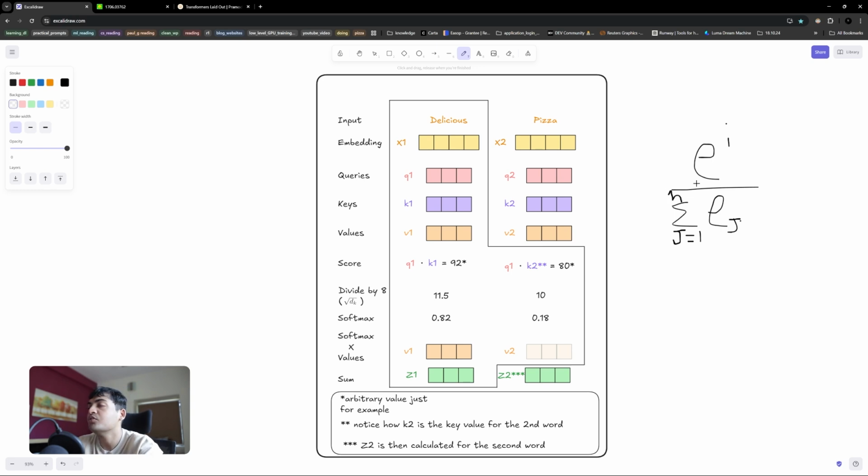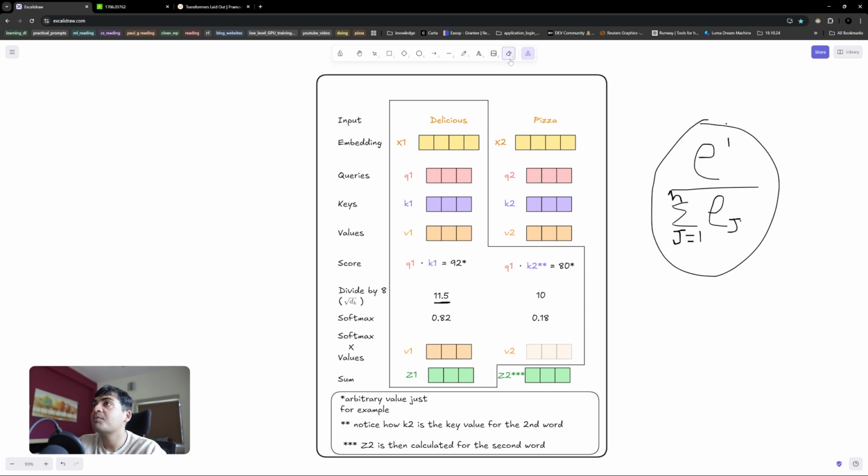Softmax is used to calculate the probability of any one of these occurring. It's a very interesting formula. You can put in different values and try to figure out how it works, or you can look it up and try to understand how it works. But this is how the softmax equation looks.